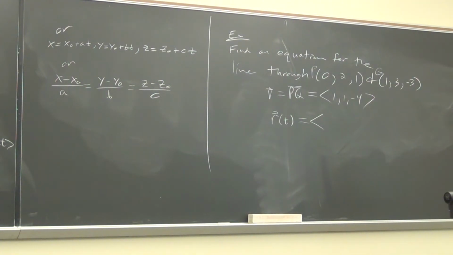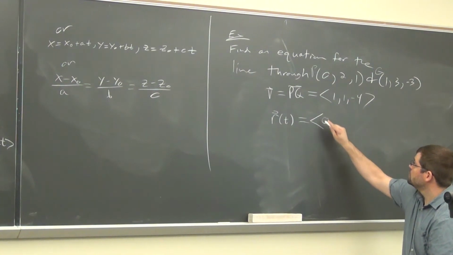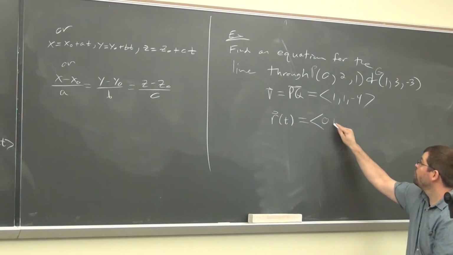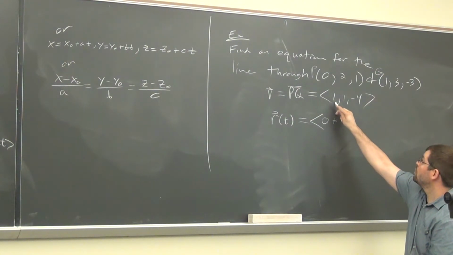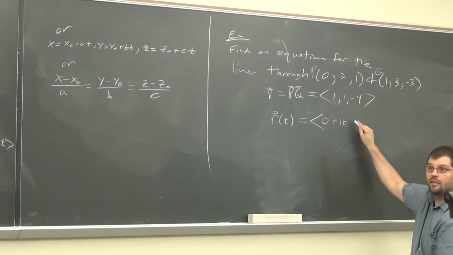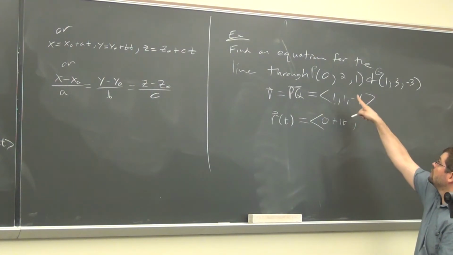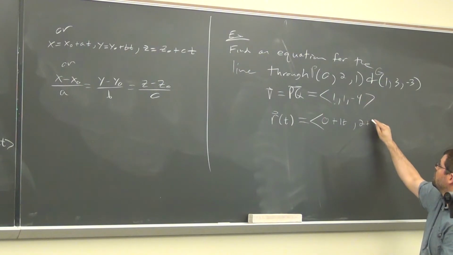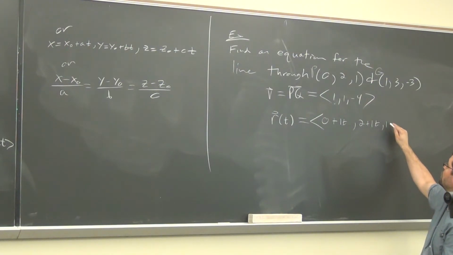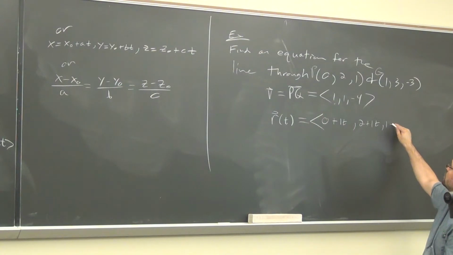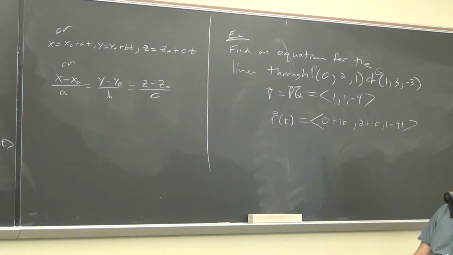I'll just pick the first one, the (0, 2, 1). So 0 plus 1t, comma, 2 plus 1t, and then 1 minus 4t. Okay? And again, you don't need to write the 1t there, just to make sure it's clear where those numbers were coming from. Does that make sense? Okay.